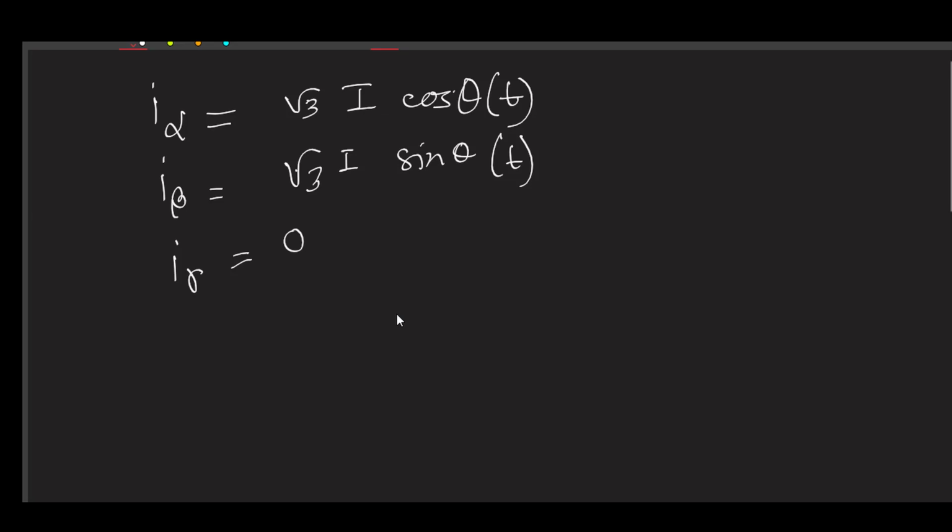This is what the geometry indicates. Now from this we can go to our DQ0 transformation, or what is given by Clarke. What Clarke did was interesting.